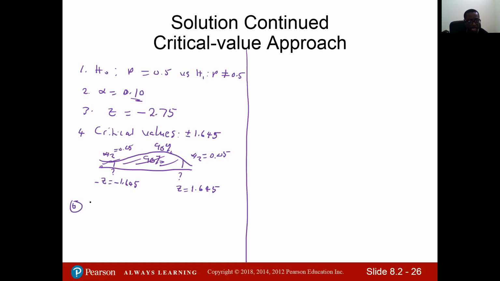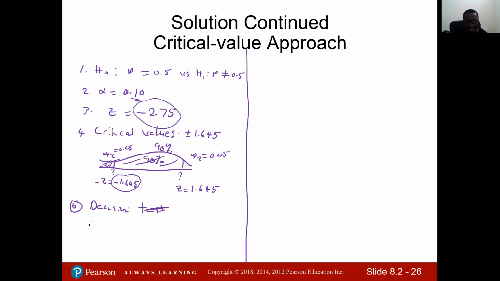The decision is that, because it's a left tail, I'm going to compare my test statistic, which is negative, with that negative value, not a positive. Very important to know. If it were positive, we'd compare with the positive critical value.